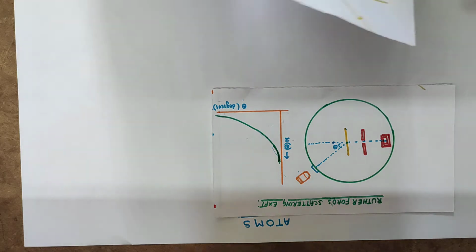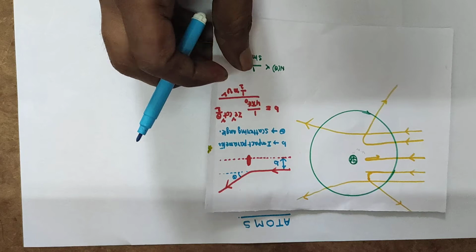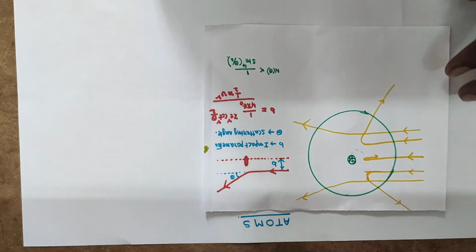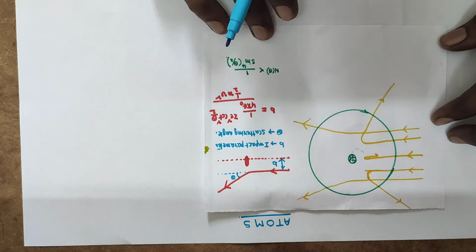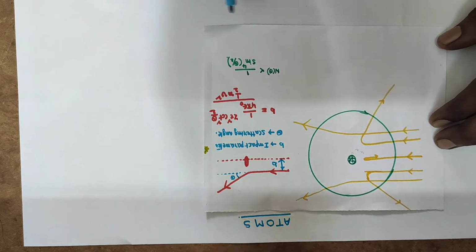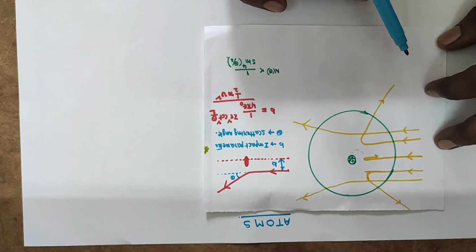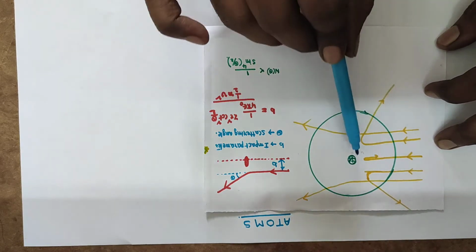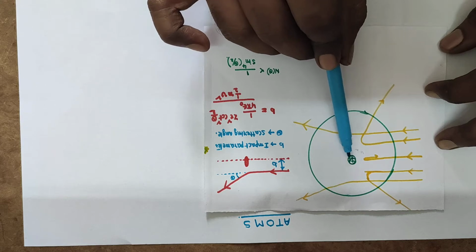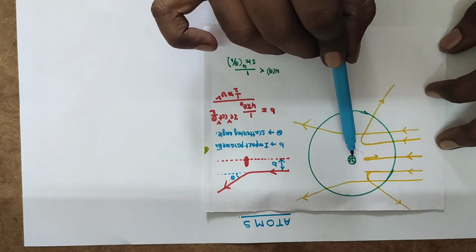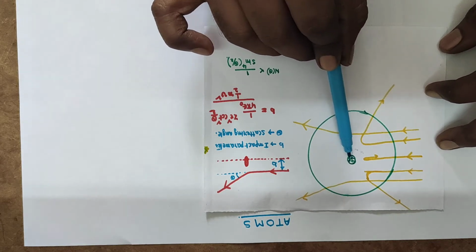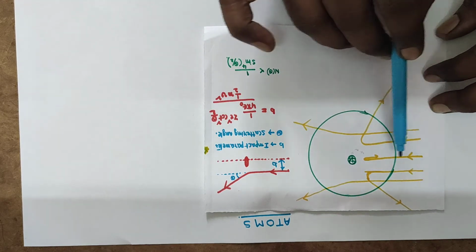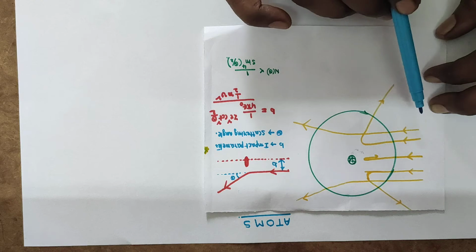See, these are the conclusions they got from the alpha particle scattering experiment. See here, this is the atom, suppose, and the entire positive charge and entire mass of the atom is concentrated at its center, and most of the space is empty.